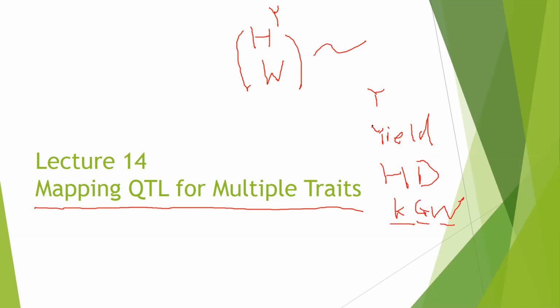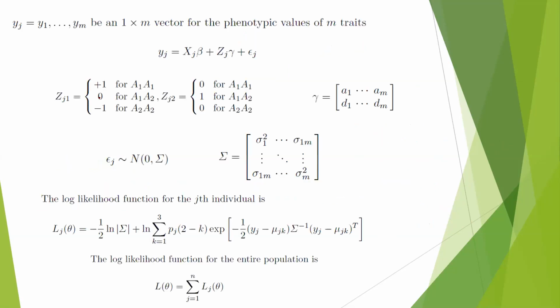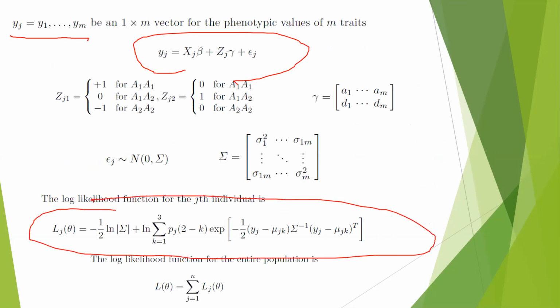If those traits are associated with each other, correlated, we can put them together to do the QTL mapping simultaneously. You use the same strategy for the mapping and likelihood function, and the rest of the analysis is very similar to what we have learned before.